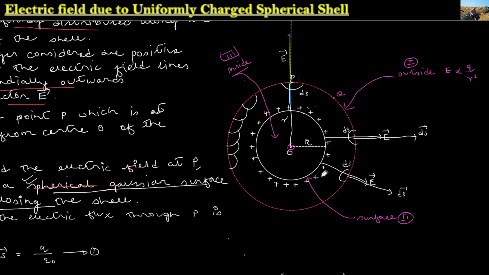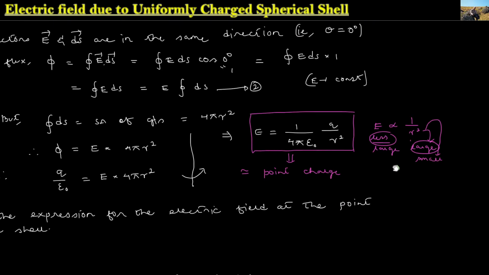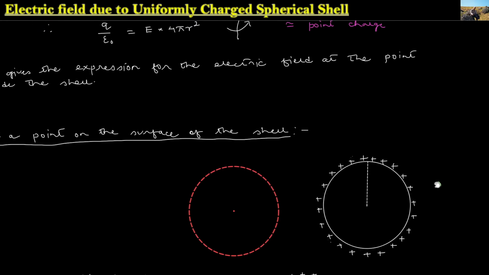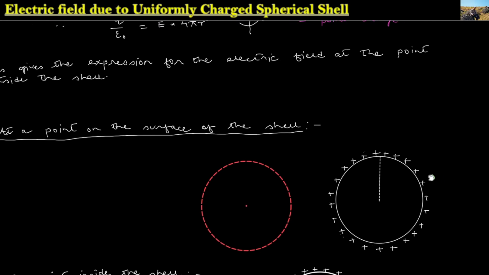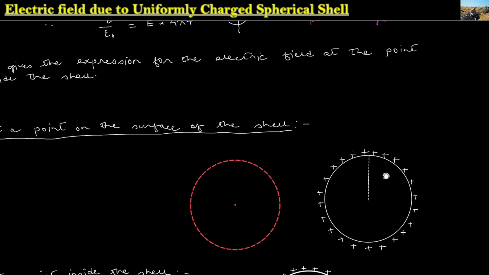For the point which is on the surface, you have to assume a point over here which is on the surface. Now, when you look at this, this is our charged spherical shell having a radius r.